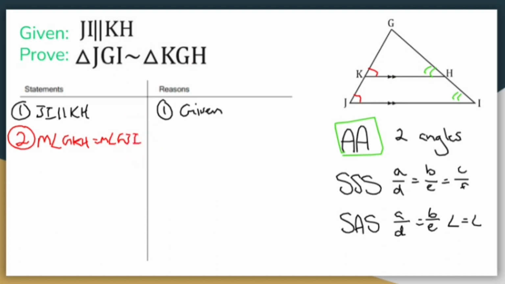Also, the measure of angle GHK is equal to the measure of GIJ.